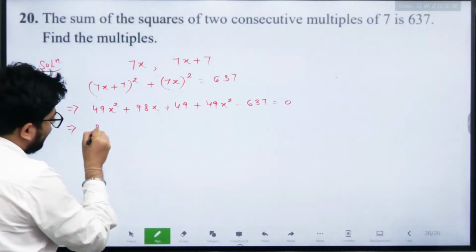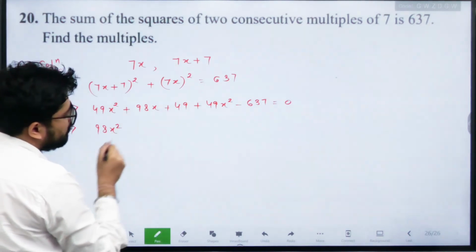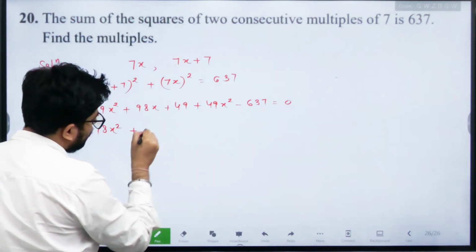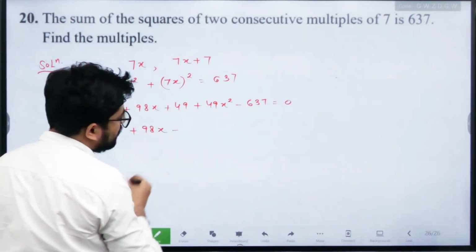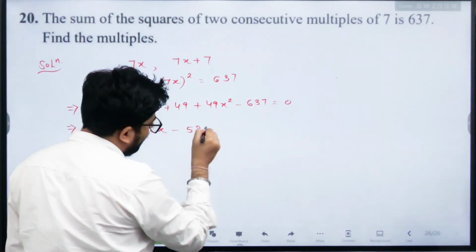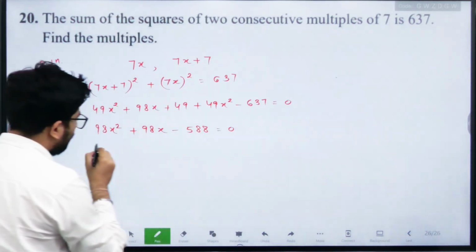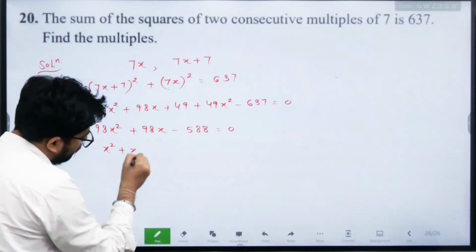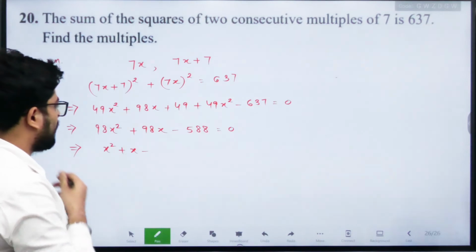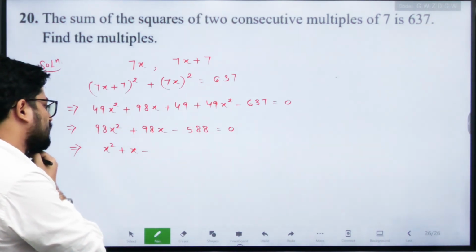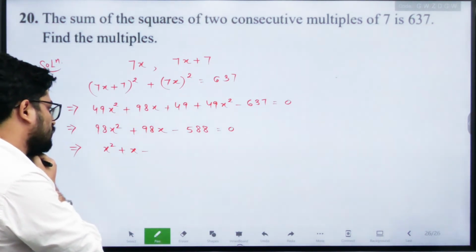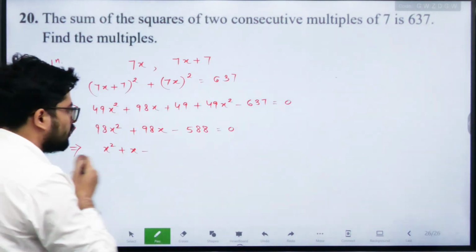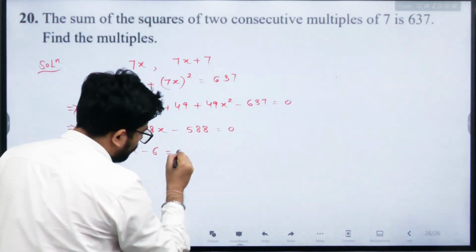So you can say 98x square plus 98x minus 588 is equal to 0. Okay, so when you divide by 98, you will get x square plus x minus, and 588 by 98 is 6, is equal to 0.